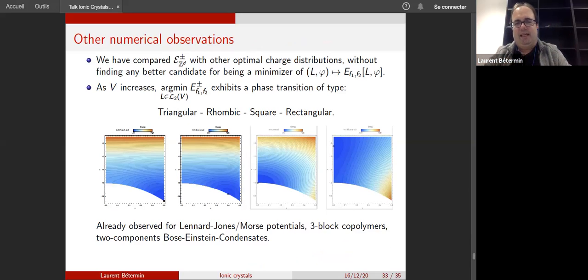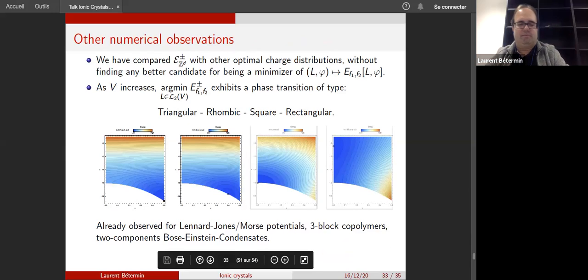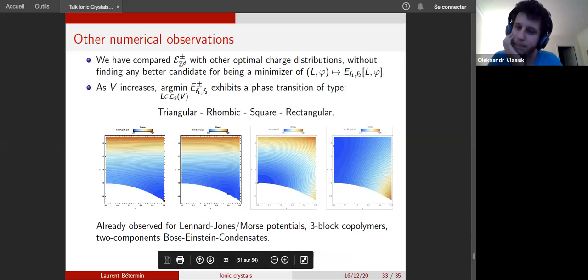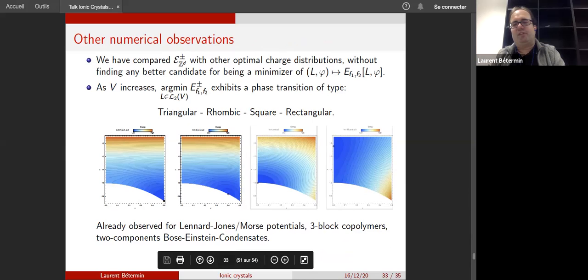Then when v is increasing, it changes the behavior. That's what you see numerically for most potentials. Of course, for diblock copolymers and Bose-Einstein condensates, it's the same kind of thing, but not with the density, with some other parameters.